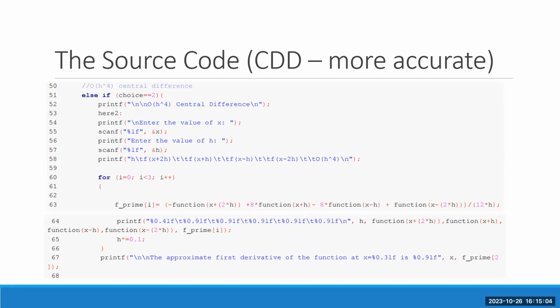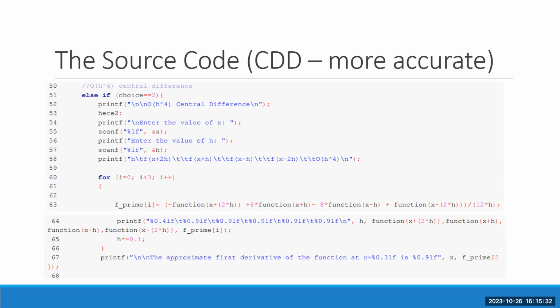The order 4 CDD is activated if the user selects OH4. Similarly to the OH2 method, it takes the input for x and h. It also computes the first derivative using the more accurate CDD formula. A loop calculates the derivative for 3 different h values.